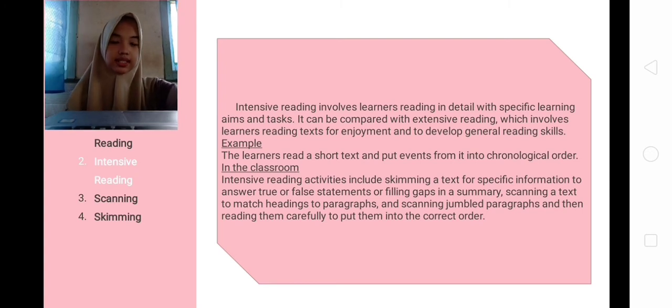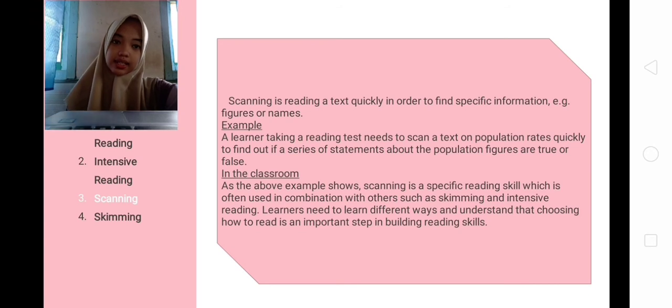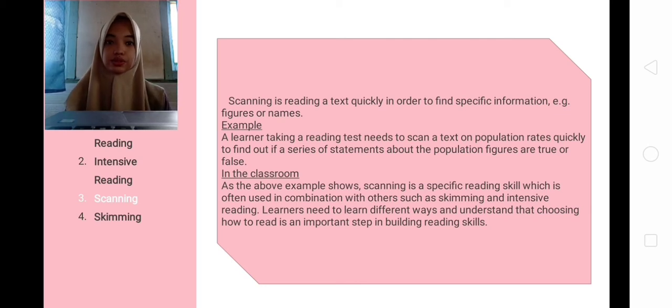Next, scanning. Scanning is reading a text quickly in order to find specific information, for example, figures or names. For example, a learner taking a reading test needs to scan a text on population rates quickly to find out if a series of statements about the population's figures are true or false.